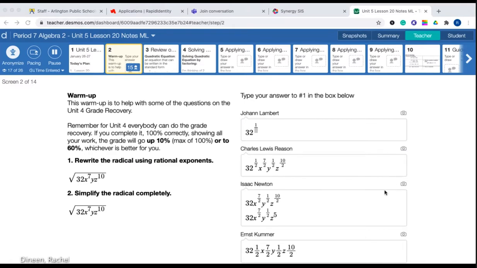Miss Denise, I'm confused as if I should put a fraction next to the 32 or just the x. Yep, great question. Is it underneath the radical? Yes. Okay, so what's the exponent on it? So the x is 7. The exponent on the 32. Oh, there's a 1.